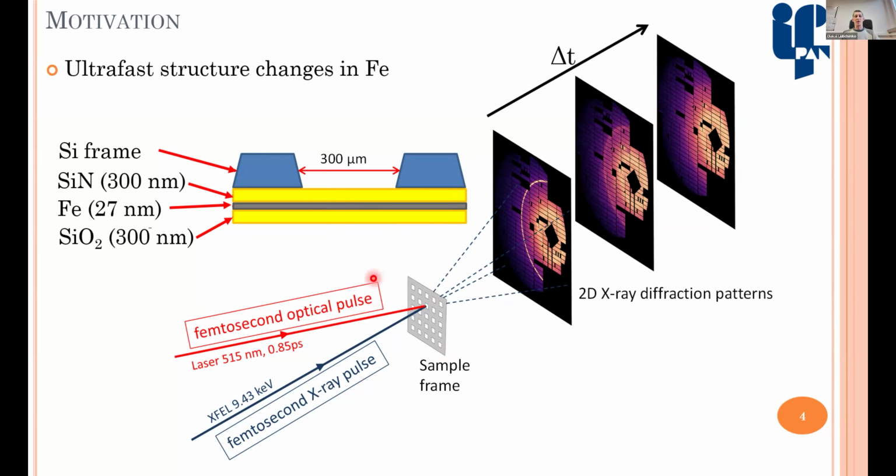This is a typical experiment schema. The experiment was performed on the FXE instrument at European XFEL, and the experiment scheme is shown on the slide. It is a silicon frame with a silicon nitride membrane, with a thin nanocrystalline iron layer with a silicon oxide cap.